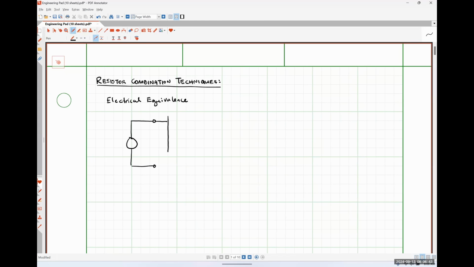And these are the terminals of, let's just call this network number one. And then we have that exact same source exciting some second network, which I will be unimaginatively calling network number two.